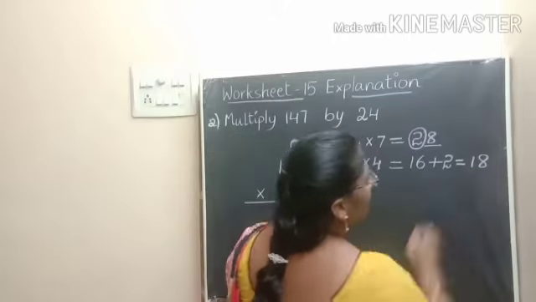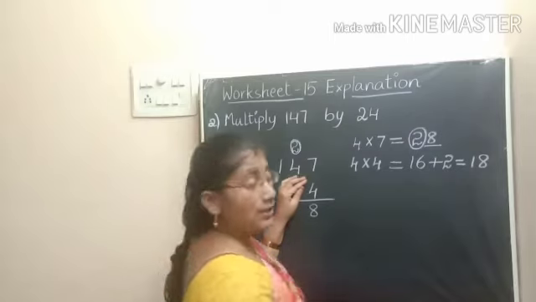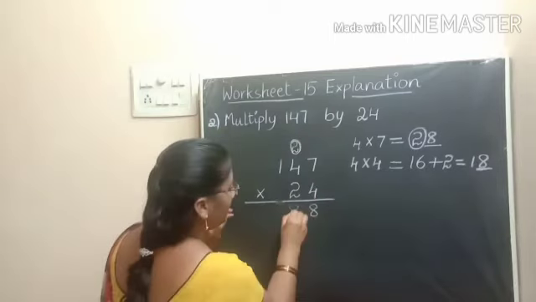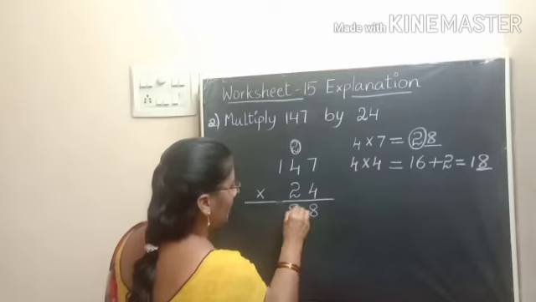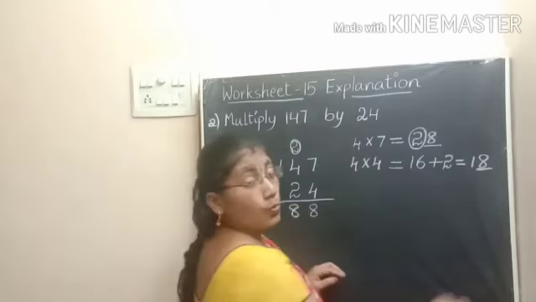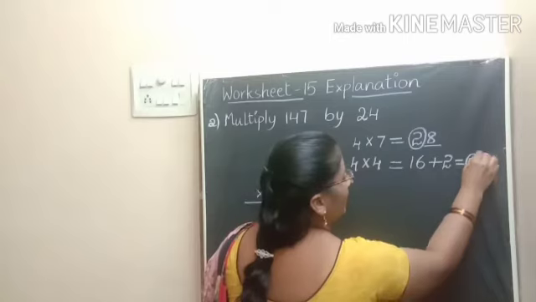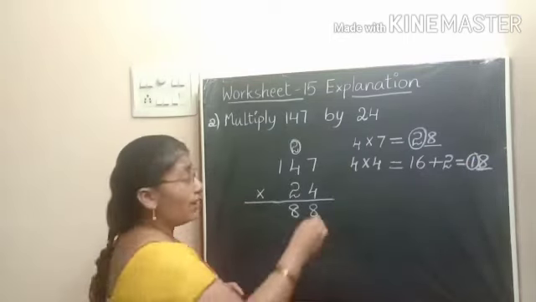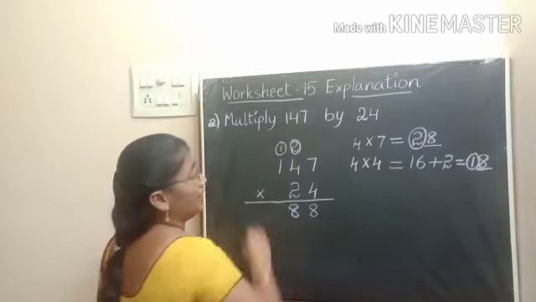So this is the result. From this result, we should write the right side digit as answer and 1 as carry in the next place. So we should write 1 here as carry.